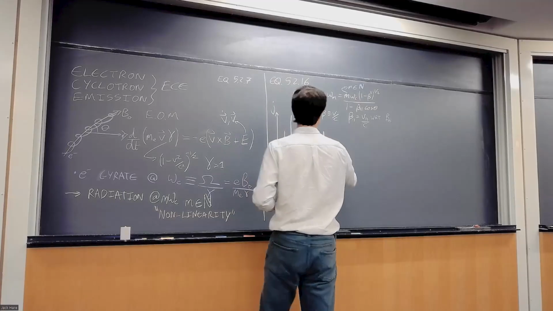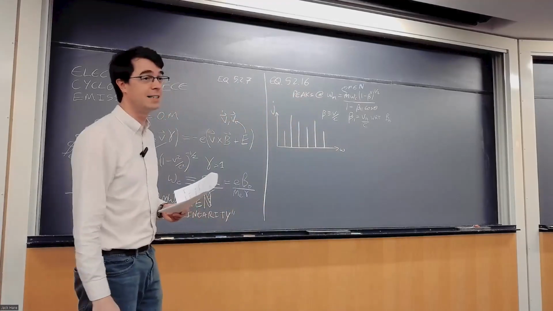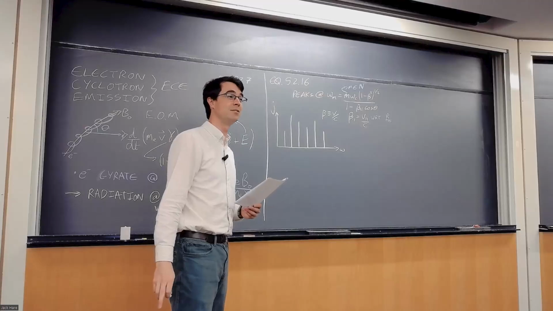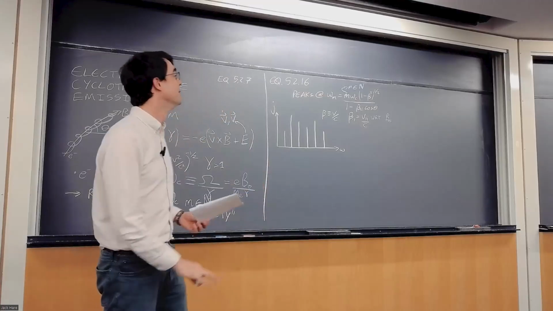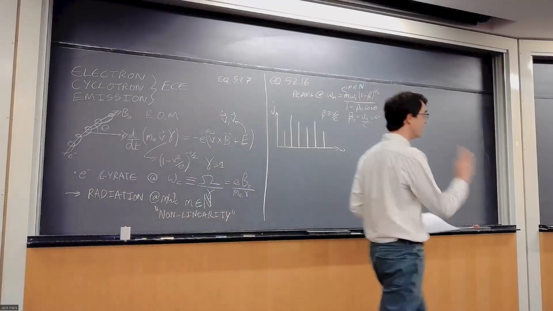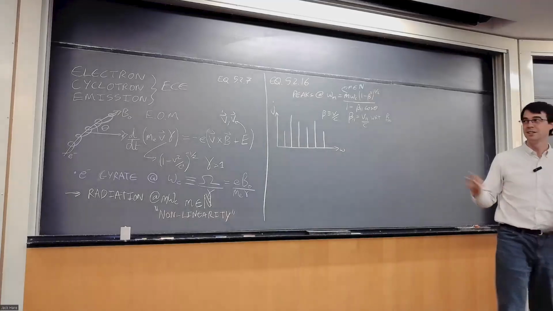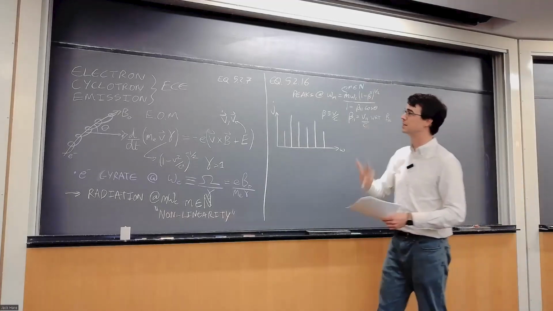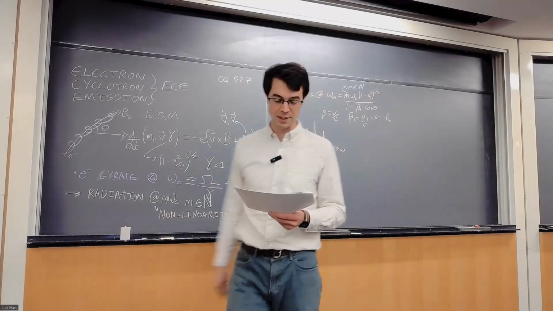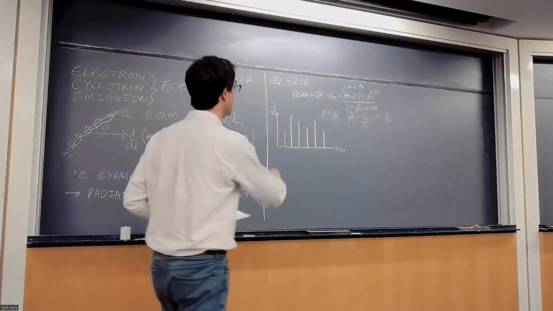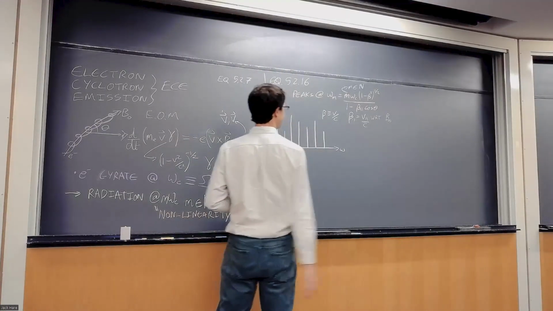Their heights are not the same. If you want to get their heights, you have to go look at all those nasty Bessel functions, right? Which I'm hiding from you. But if you want their heights, it's the argument of the nth Bessel function. And the thing that goes into the Bessel function is some complicated factor of all these other things here. So again, I'm not going to explain it, but they do not have to have the same heights, which is why I've drawn them a little bit like this.